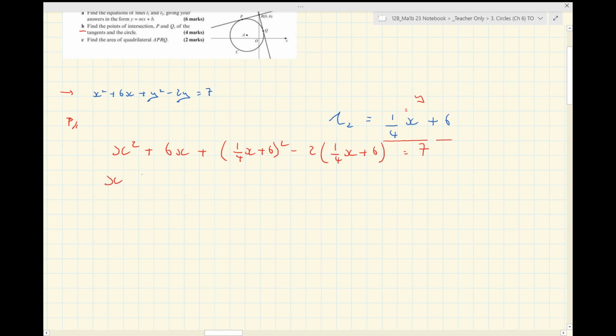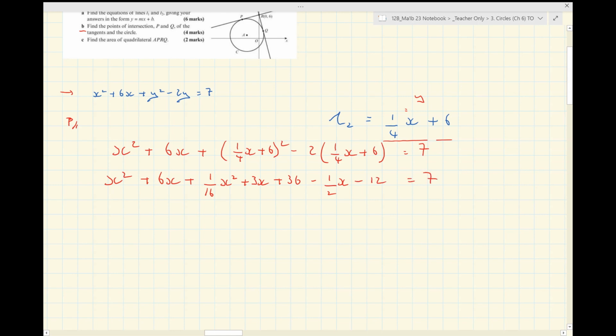Right, I've got to multiply out (a quarter x plus 6) squared, so that's going to give me a 16th of x squared. Now I'm going to have 6 quarters doubled, 12 quarters, so that's 3x, plus 36, minus 2 times a quarter, that's minus a half of x, minus 12 equals 7.